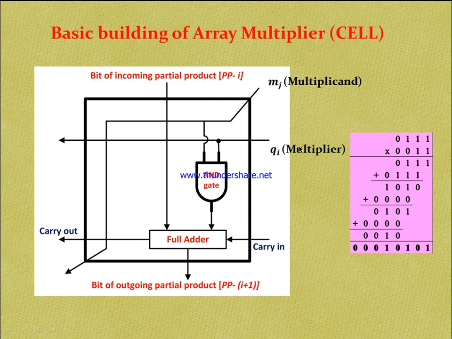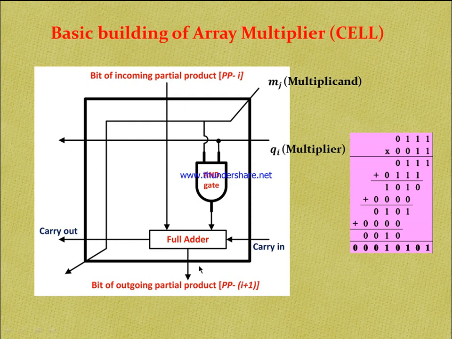This is the multiplicand, this is the multiplier, carry in, carry out. This is the bit of incoming partial product. That means the earlier partial product result should come here, and this is the full adder, and this is the result, and the result will go here. It is the bit of outgoing partial product.